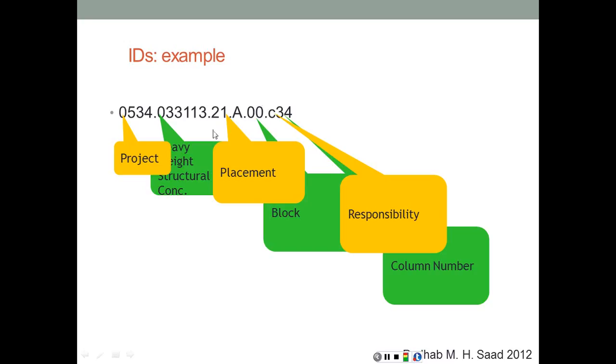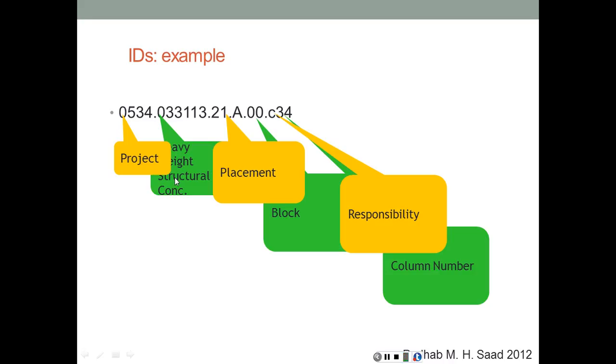And here's an example. The first 4 digits are going to be a serial number for a project. For example, here this is going to be a Masterformat CSI code, heavyweight structural concrete, and then 21 is the placement, and then it could be location, responsibility, and then column number 34 at the end.